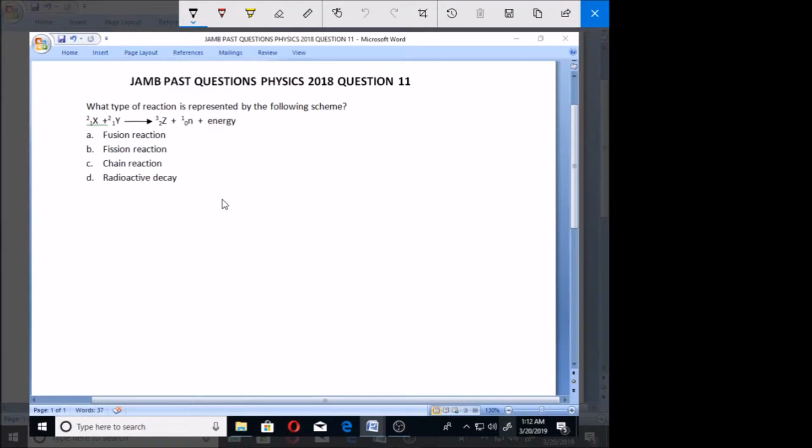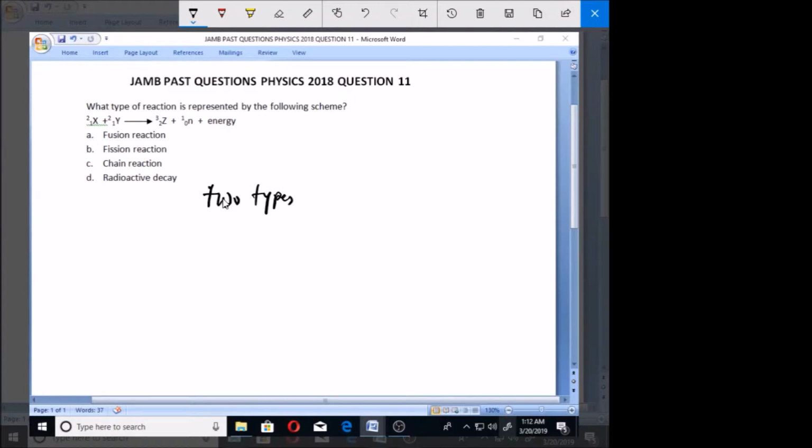Now, for us to have a complete understanding of this question, we need to know that there are two major types of radioactive reactions, and those two are nuclear fission and nuclear fusion. So it's either we are having a nuclear fission or a nuclear fusion.